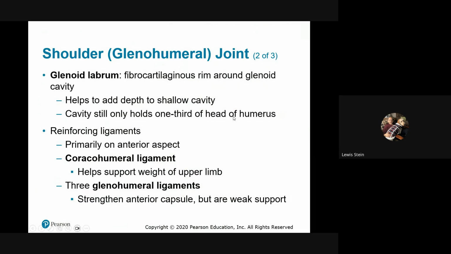I think that's optimistic. Okay, and then on the ligaments you have the coracoid process. That's where the short head of the biceps attaches. You have ligaments from the glenoid to the humerus, but they're comparatively weak, and that's where the anatomy points out why it goes there.